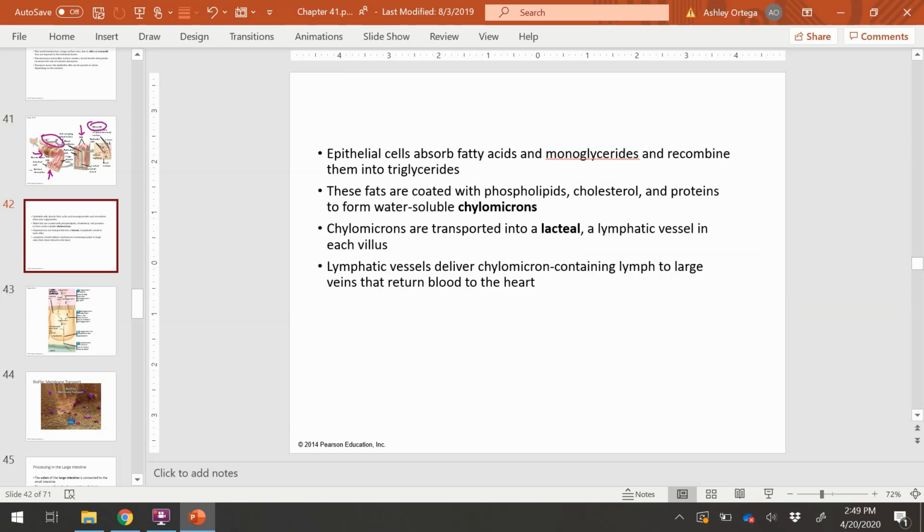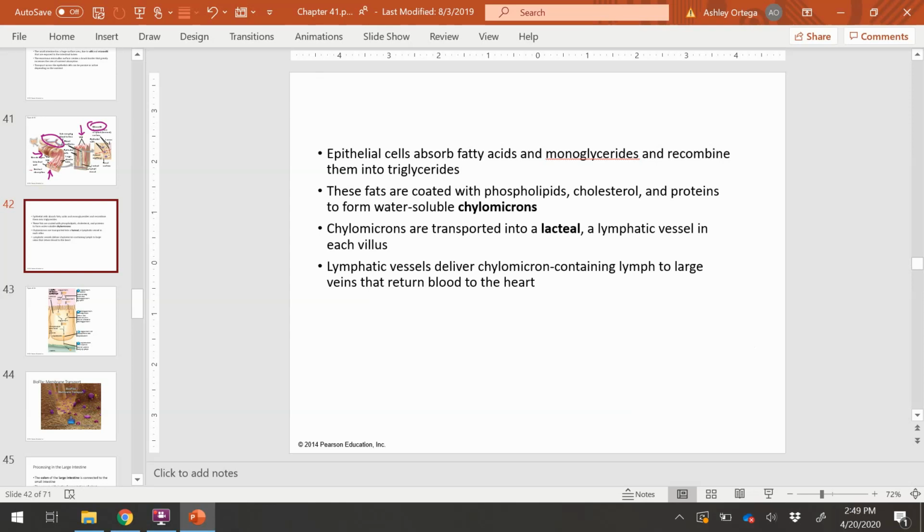In terms of fats, how are fats absorbed into the system? First, the epithelial cells have to absorb the fatty acid tails and the monoglycerides separately, and then recombine them into triglycerides. And so the fats have to be broken apart first completely. This is done by the bile and other intestinal enzymes.